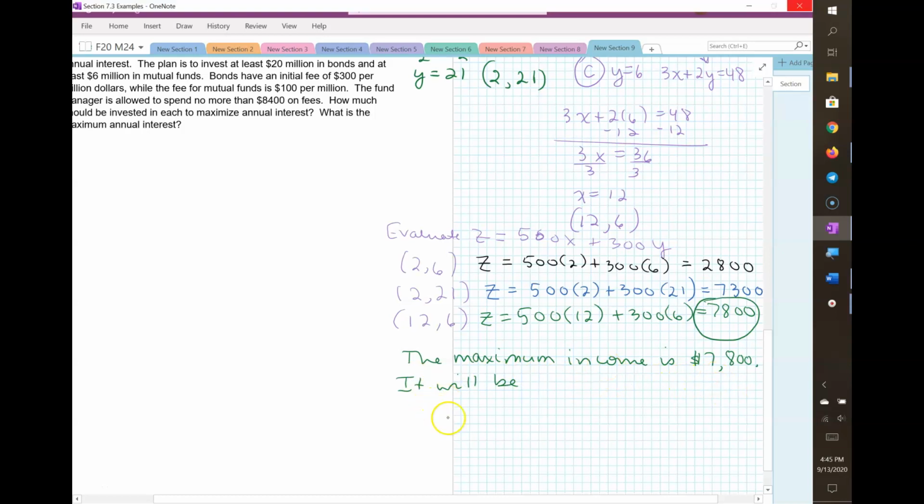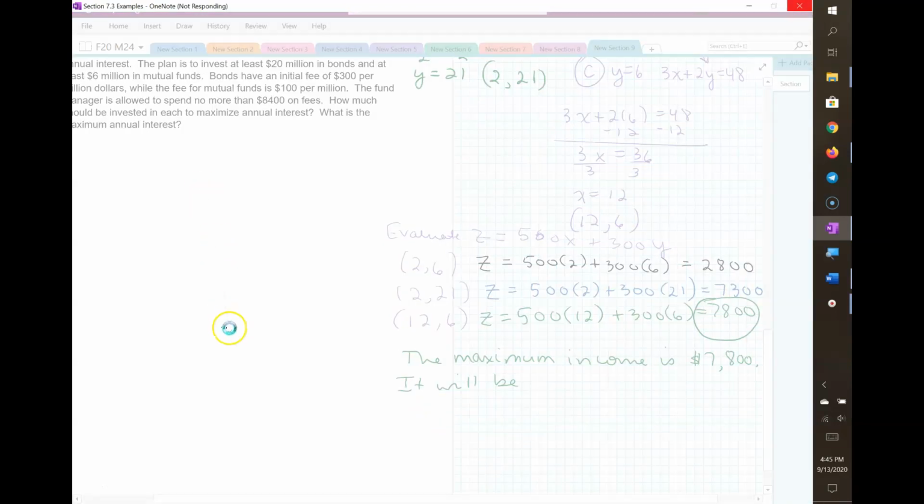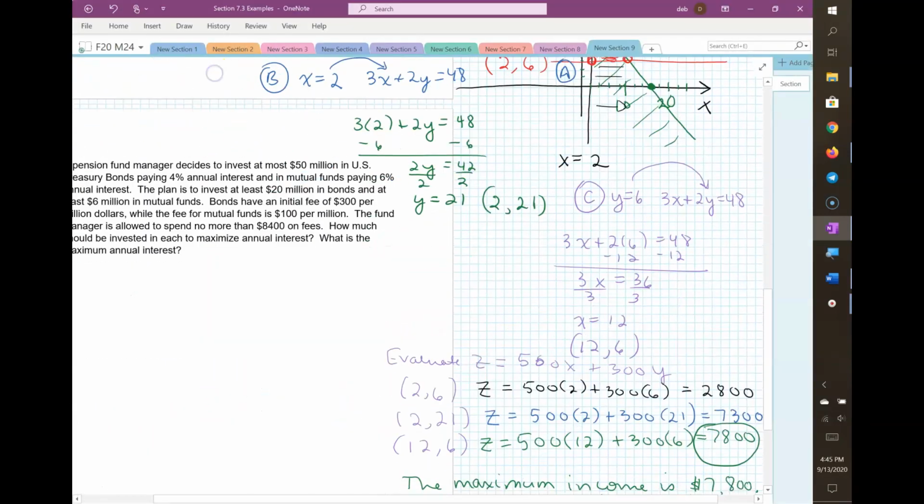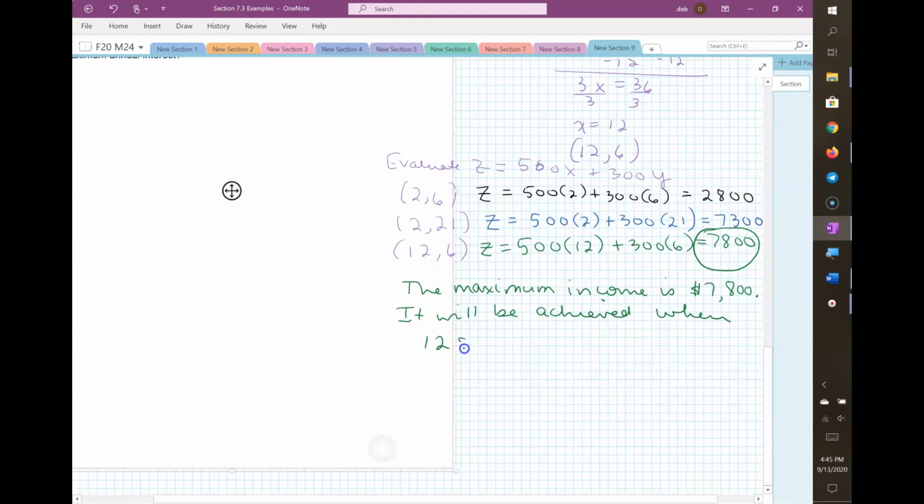when, let's see, our X was, I like to write it out, shock replacements. When 12 shock replacements and 6 brake replacements are done.